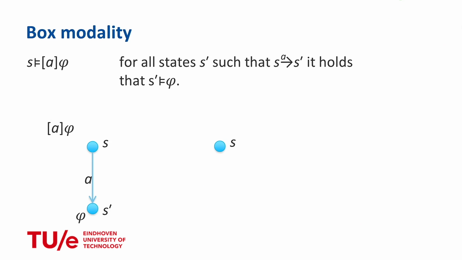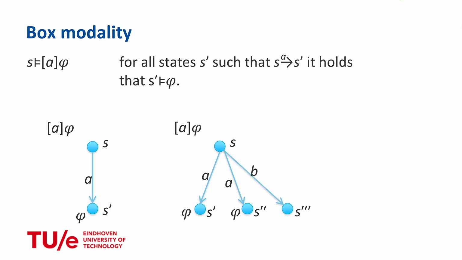And if we have a state S and we have more outgoing transitions, after which phi is valid, so for this one and for this one, then we can say that box A phi is valid. And it doesn't really matter if we have other transitions than A transitions, so generally I'm not even considering them. They are irrelevant for this formula. There's one special case where box A phi is valid, and that's this case.